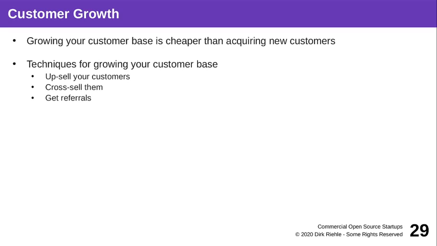Well, you can upsell your customers, which means that you sell them more advanced functionality or more seats or more cores. It depends on your product, what it is that you can sell them, a higher performing, but of course then also more expensive product. Sometimes you can cross-sell them.